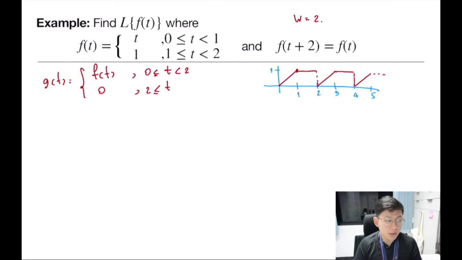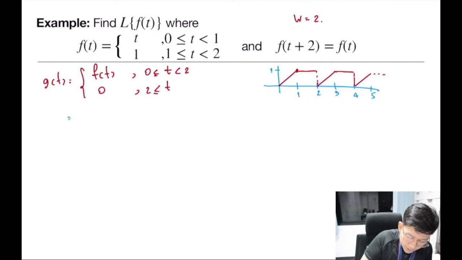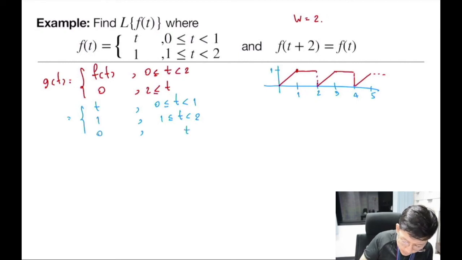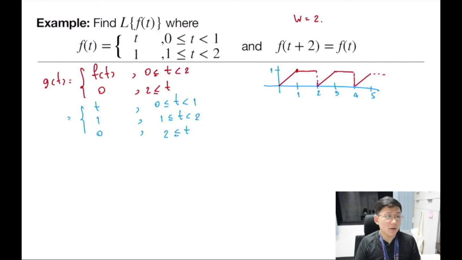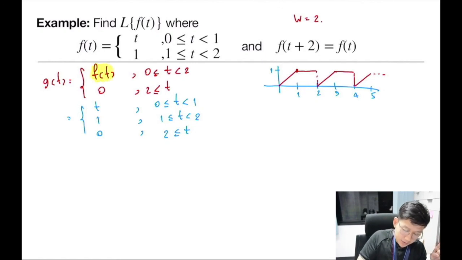Make sense? Or we can write it differently: it's t when t is less than 1, 1 when t is between 1 and 2, and 0 when t is bigger than 2. Because g(t) is f(t) on that interval, we can split it into these conditions.